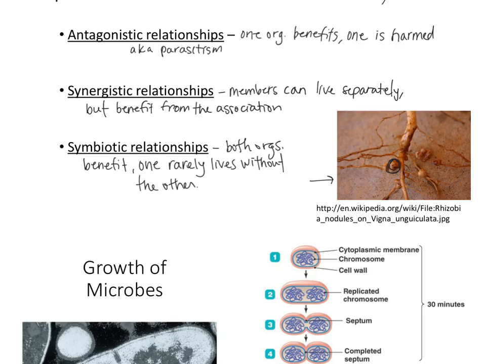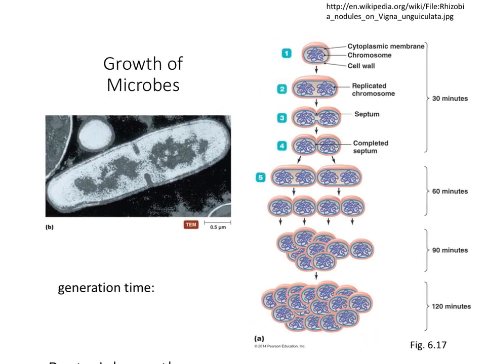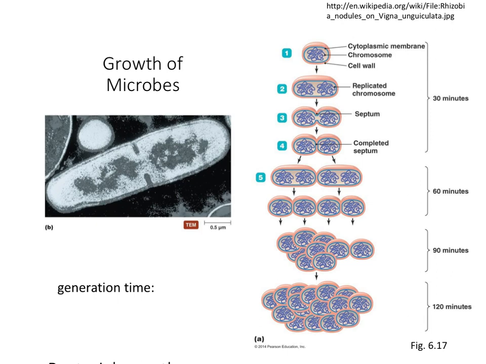All right, let's take a closer look now at the growth of microorganisms from kind of a mathematical standpoint. We know that bacteria reproduce by binary fission. Not sure if I've used that term before, but basically one bacteria, a septum forms, usually somewhere in the center of the cell, and one bacteria splits into two.